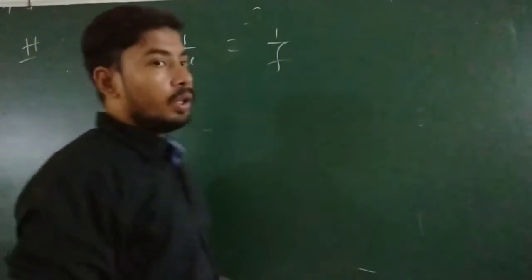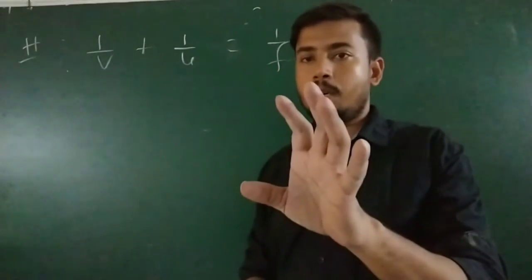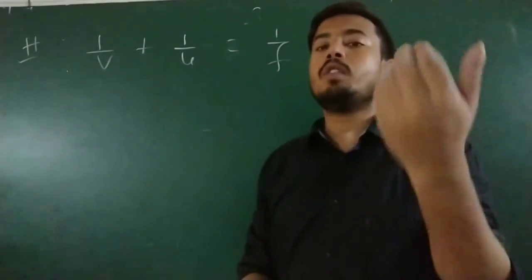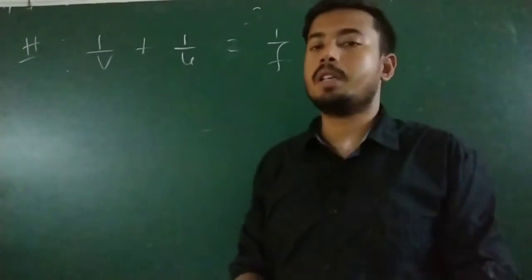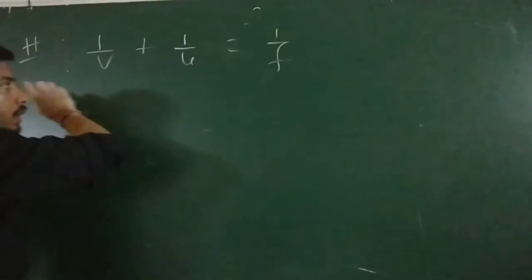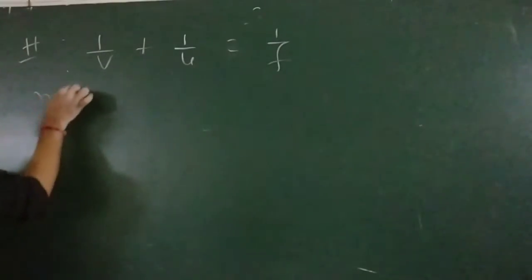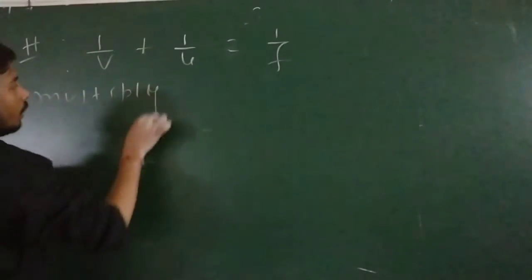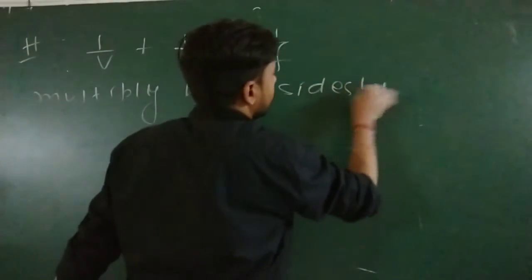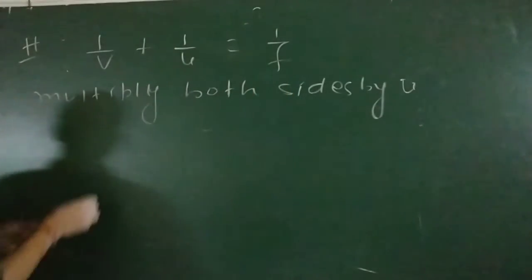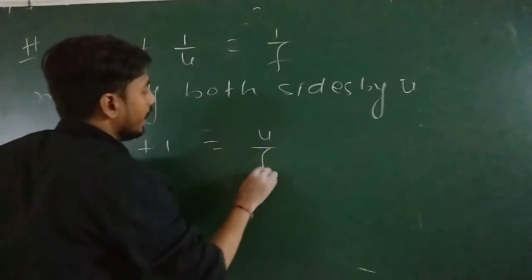Some more formulas of lateral magnification. See my dear, we are going to derive some more formulas of magnification. One basic formula we have studied is minus V by U. Some other formulas we are going to use, and definitely they will help us to save our time. Just multiply both sides by U. So this becomes U by V plus 1 is equal to U by F, right?